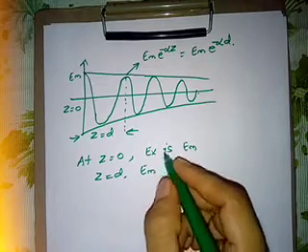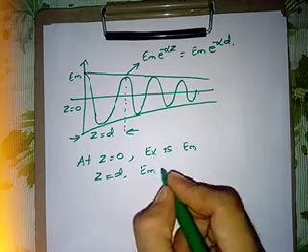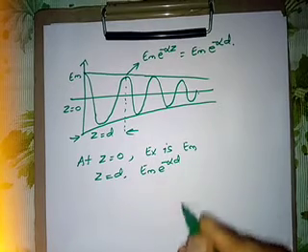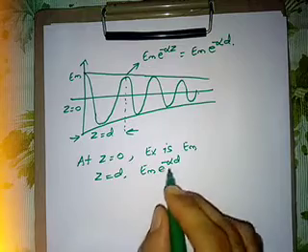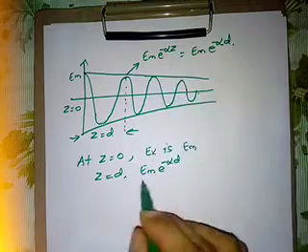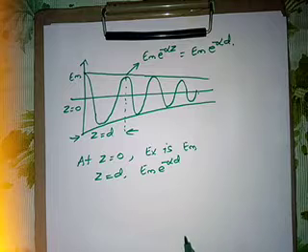Em into e raised to minus alpha d. Okay, so I have substituted z is equal to d, so I got Em into e raised to minus alpha d.